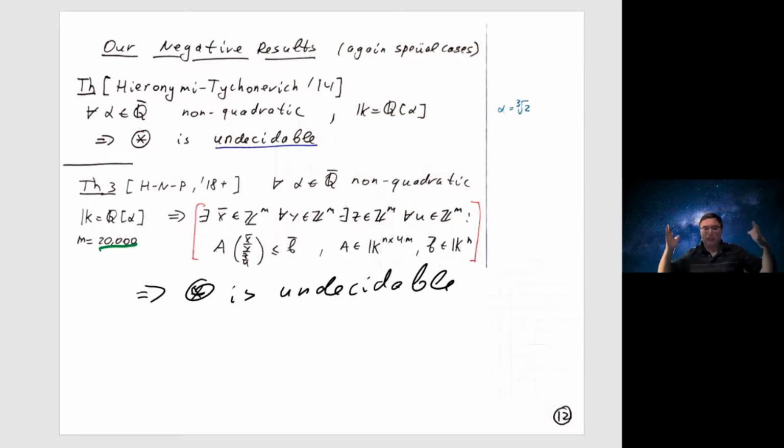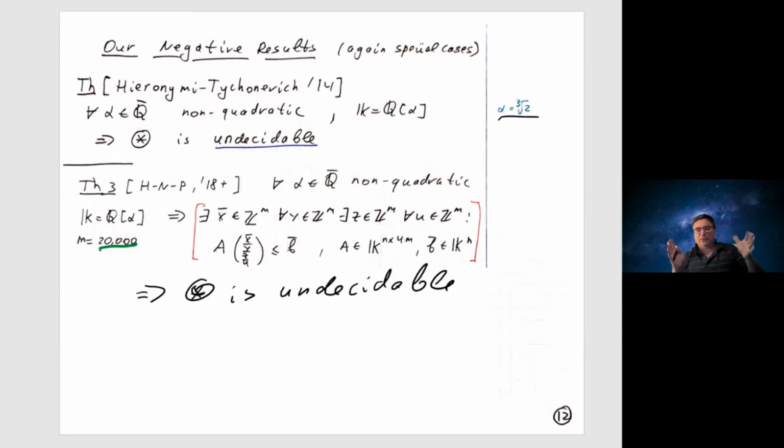Everything is sitting in the 80,000 dimensional space, and now for any constant, could be cubic root of 2, could be anything, if you're counting the number of points in projections and intersections of these polytopes, then this number is undecidable.